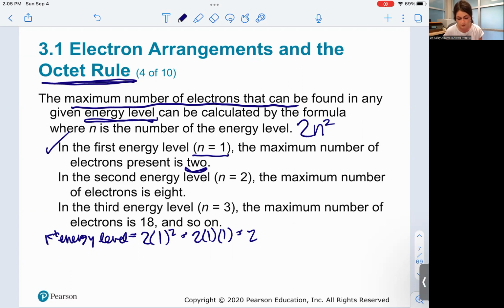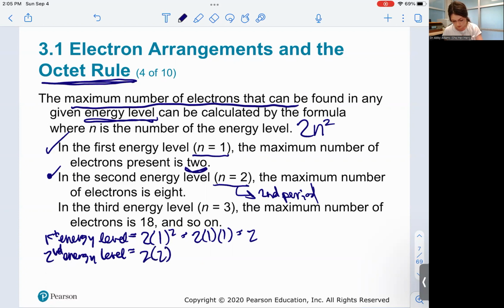So we're going to look more again at the periodic table so that you can be kind of familiar with this and what this all means. But let's just see if this all checks out with the formula. All right, so second energy level, all right, N of 2. You're going to see this is really going to be our second period. So in our second energy level, we're going to see 2 times 2 squared.